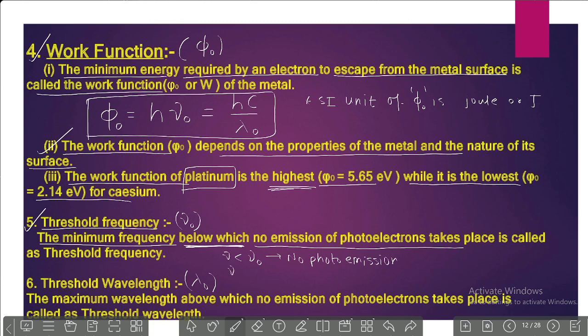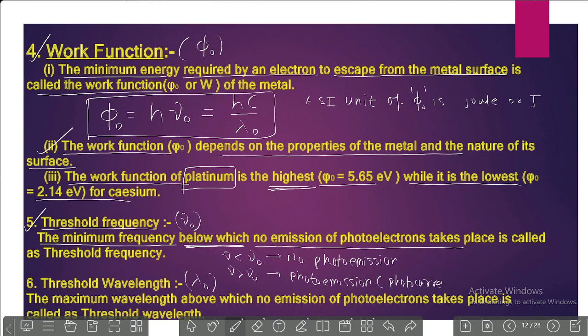If nu is greater than nu naught, only then photoemission will happen, and the photocurrent will not be equal to 0.